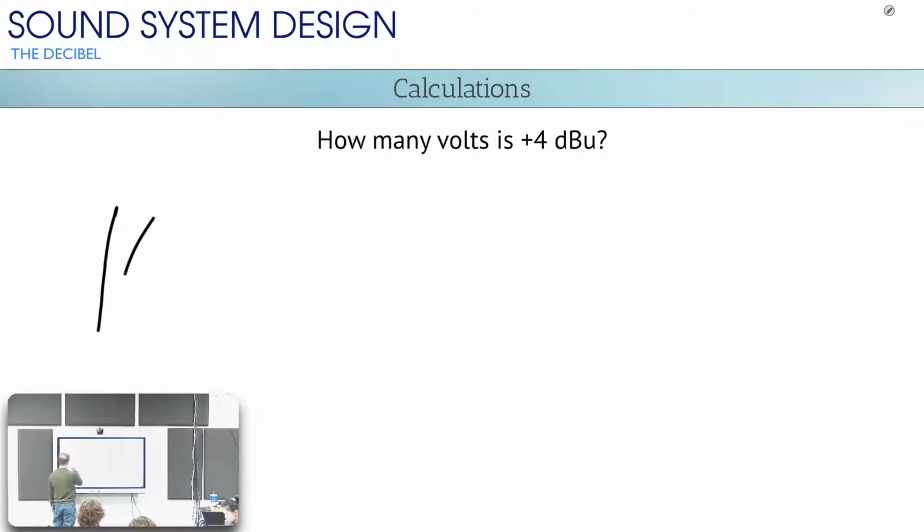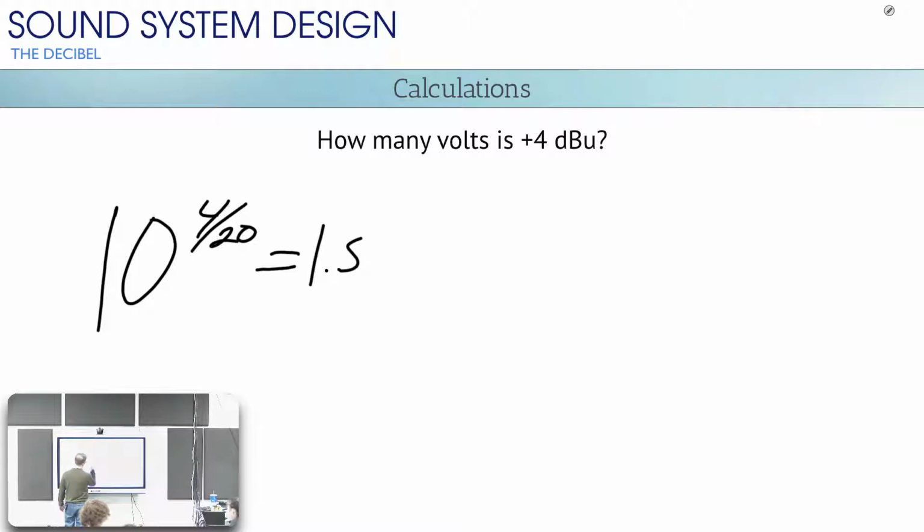So that's going to be 10 to the power of 4 divided by 20. Somebody want to run that for me? 1.58. Did anyone else get that? So 1.58. That is our magic number. I can multiply any voltage by 1.58, and I will get a voltage that is 4 dB higher.